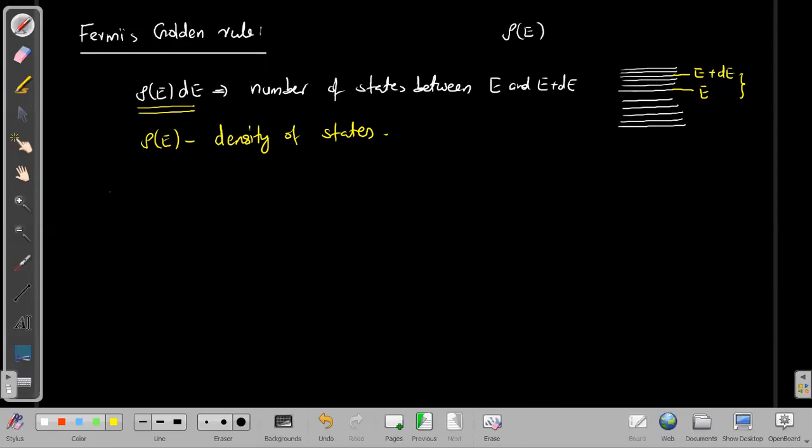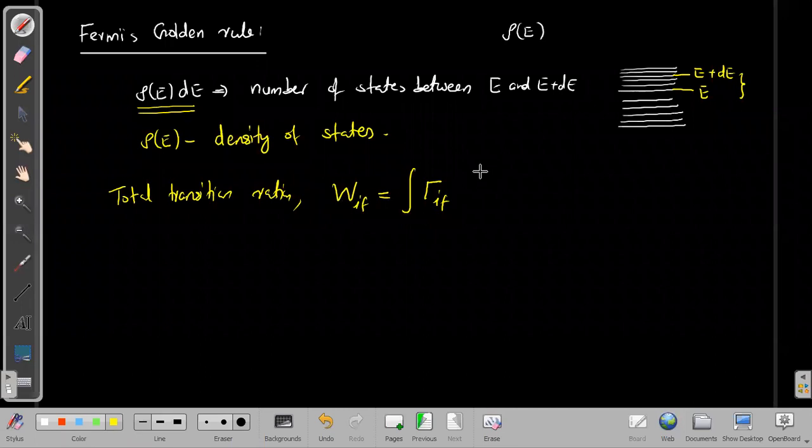So if that is the case, how could you find the total transition rate? The total transition rate W_IF equals the integral of gamma_IF rho of E_F dE_F. So gamma_IF is the transition rate from the state I to F. As F is a continuum, we have to find the transition rate for each final energy state.